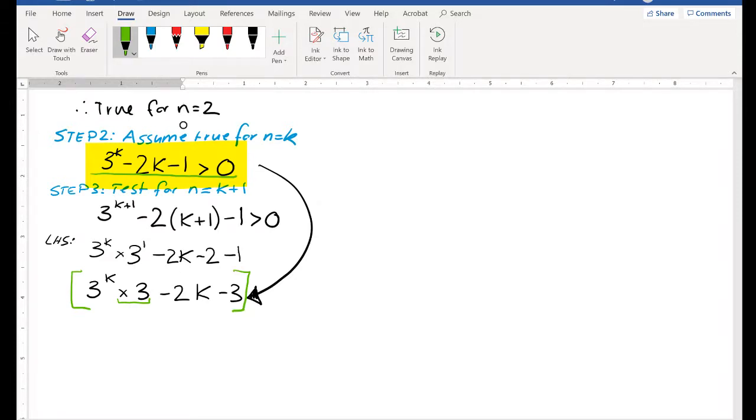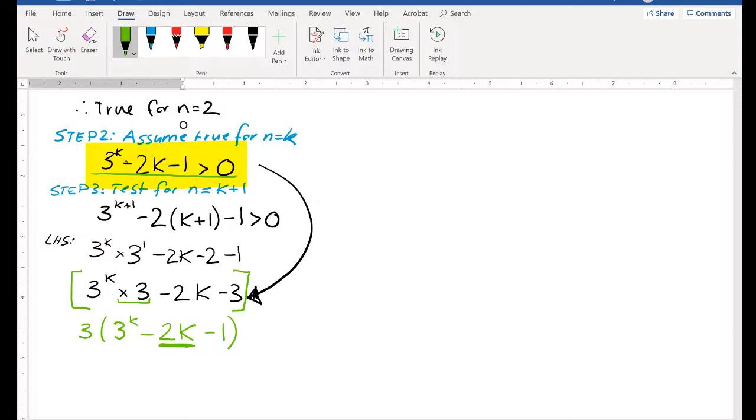If I do that, I can factorize 3 out of here. If I factorize out 3, I'll have 3 lots of 3 to the power of k minus 2k, and I'll come back to that, then minus 1. I know that when I just factorised, I didn't factorise this term out properly, because expanding that I would get negative 6 when it was negative 2k.